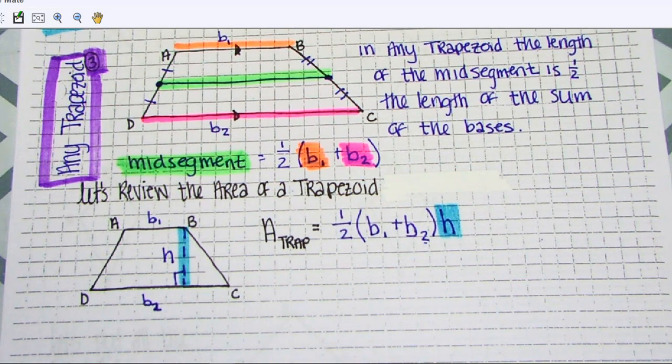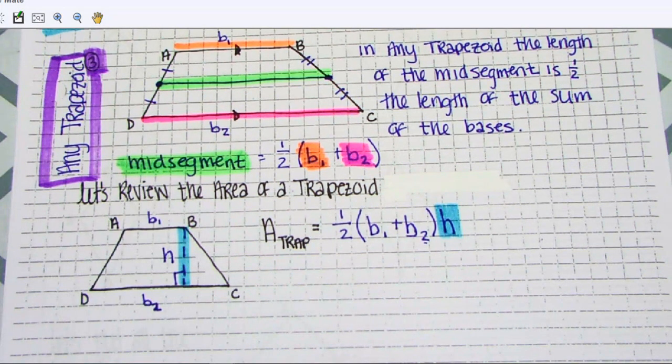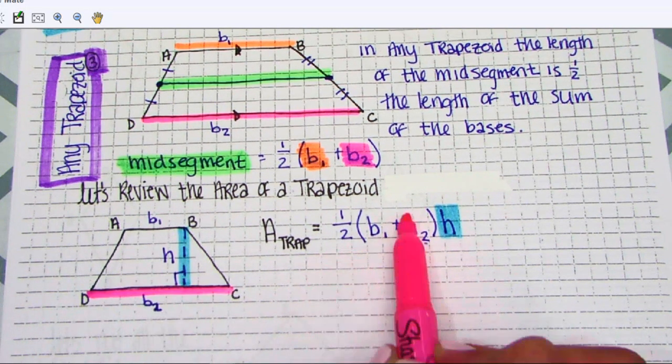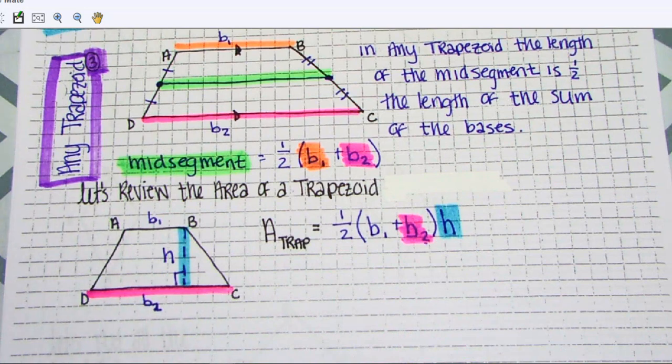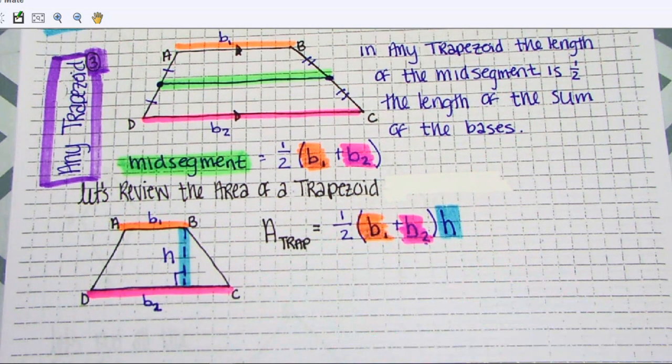It's basically this mid-segment formula, but multiplying by 1/2. So it's 1/2 base 1 plus base 2 times height.